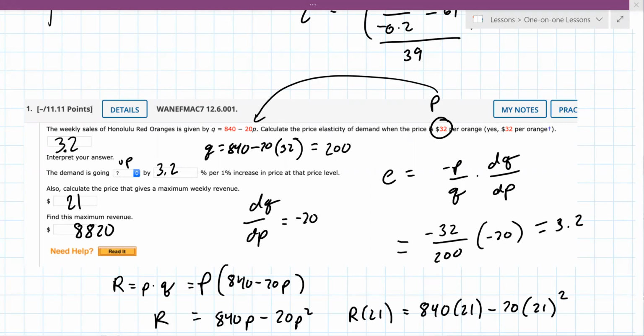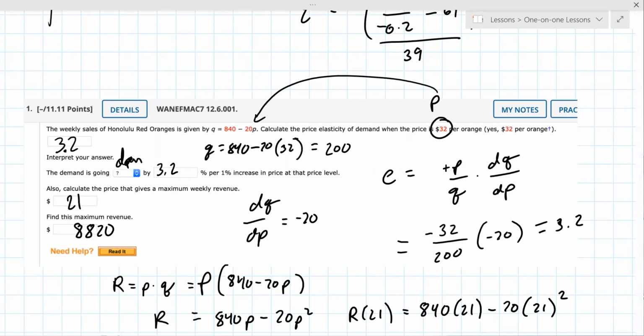So your formula may not have a negative in front of it. There are different formulas here. So you say it's going down. Maybe reconcile that with your instructor. There are different ways of doing this. We can move on to number 2.